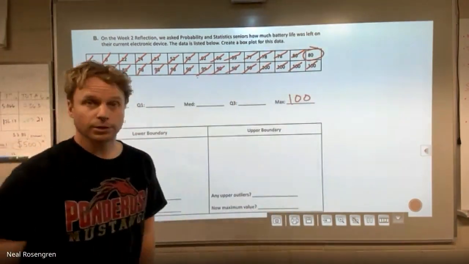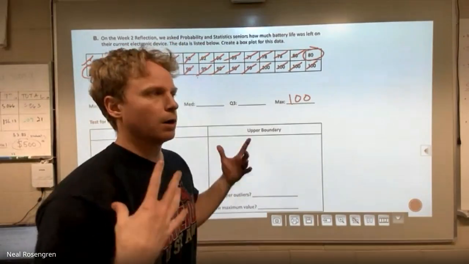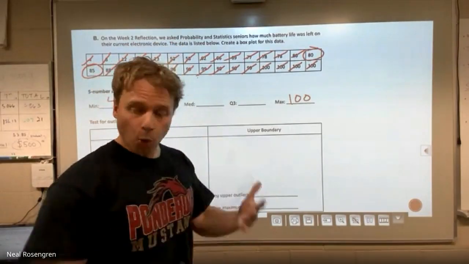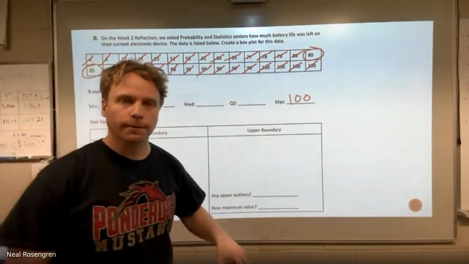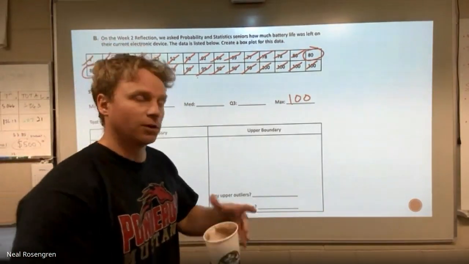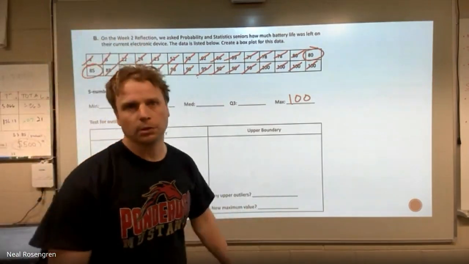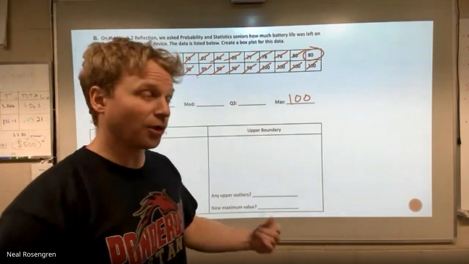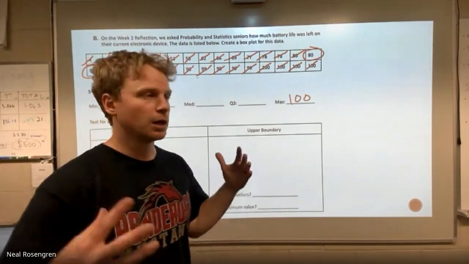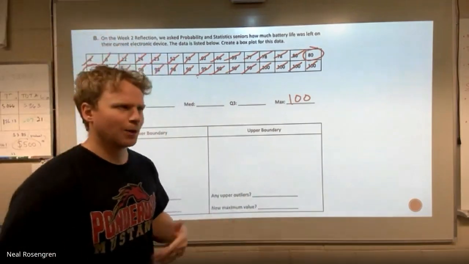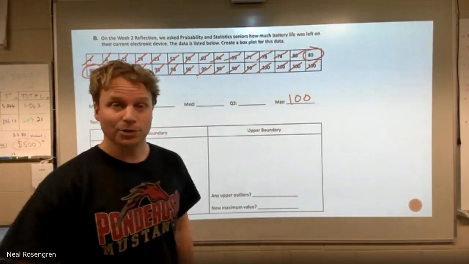So that's 30 data points, which is really the number you're always shooting for. If you have 30 points of data, it usually gives you a good understanding of the larger group. So if you're looking at 1,000 people and randomly select 30 of those people, you'd be surprised how close that random sample is, as long as it's truly random. We'll start talking about sampling and bias and stuff like that.